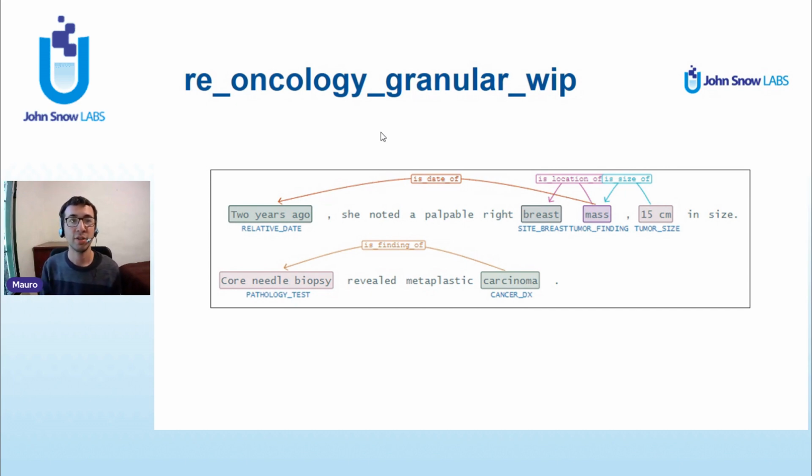And then this relation extraction model identified that there was a relation between those two extractions, and that relation is a temporal one, right? Is date of. And something similar with the location relation, with the size relation, and also the model extracted a relation between the pathology test and the cancer diagnosis, carcinoma.